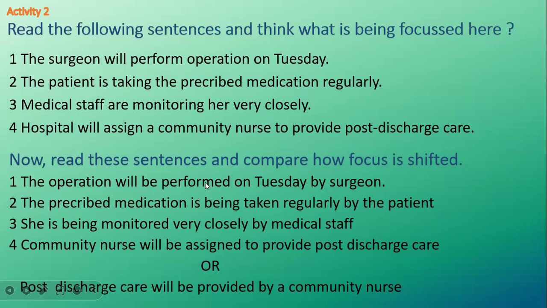We say is being, B-E-I-N-G, being will be used in present continuous, like BEB was used in simple future. Being is used in continuous form. And we'll say is being. Now, third form of take is taken, and then the rest of it regularly by the patient. This is how we change it.